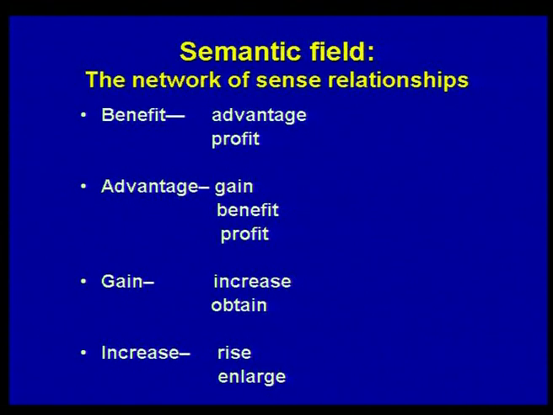The word gain, if you look it up, says increase or obtain, and if you look up the word increase again, it says it's a rise or enlarge. You find that all these words basically lead to one another. They mean by what the other words say, they mean through one another, they complement, they supplement and ultimately they create what is called a web of sense relationships, which is otherwise also called the semantic field of a word.